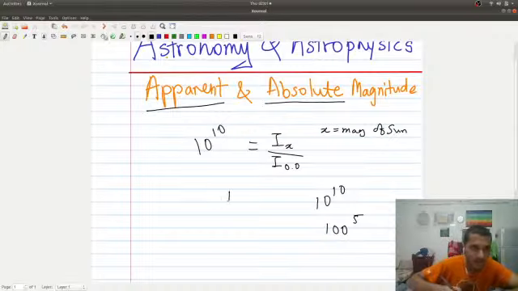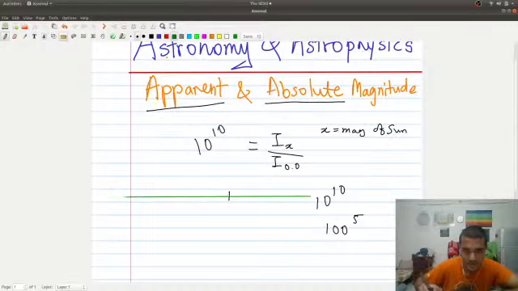we have our number line, which is an exponential or logarithmic number line, and we have 0 here.